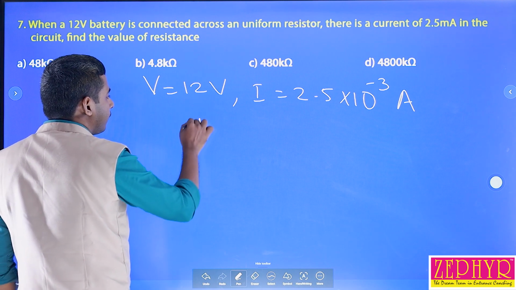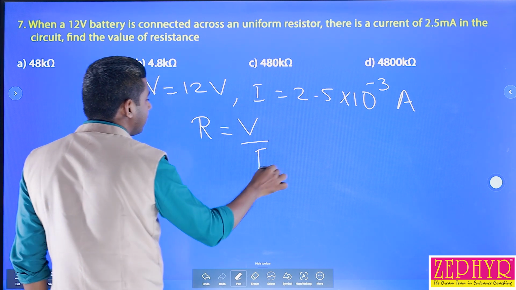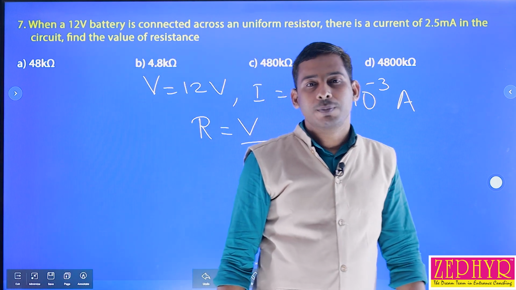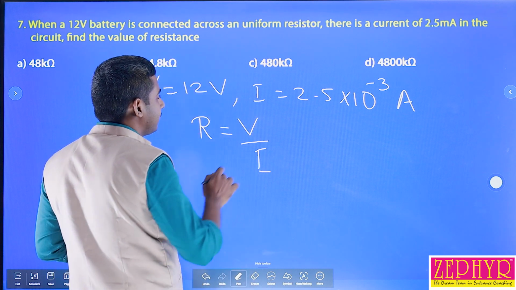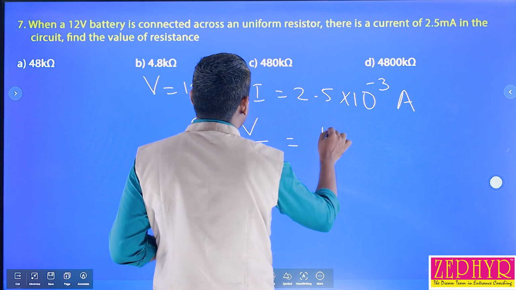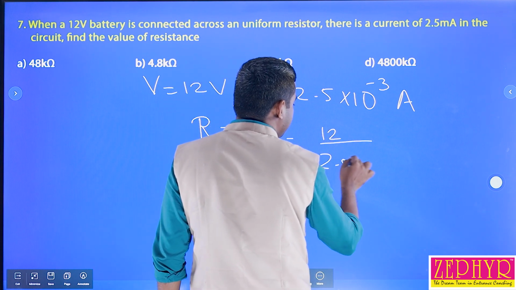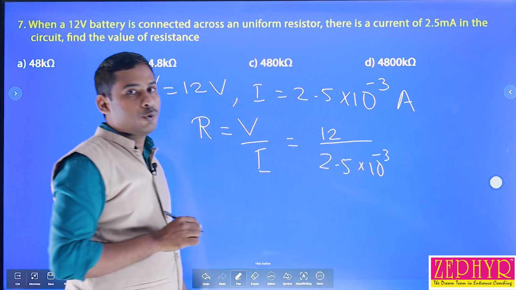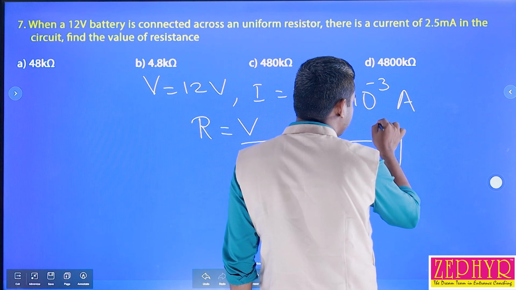So, students, we have R equal to V by I. What is the equation? R equal to V by I from Ohm's law. So here V we have 12, I we have 2.5 into 10 raised to minus 3. During the simplification, this 10 power minus 3 will come to the upside.